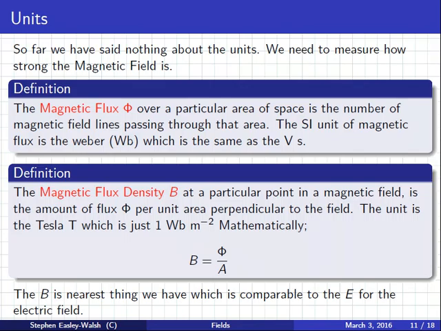Yeah. So this formula is useful. The magnetic flux density is the magnetic flux divided by the area.